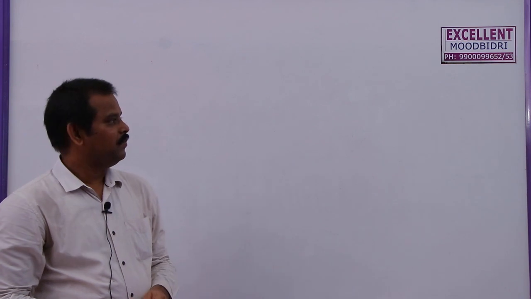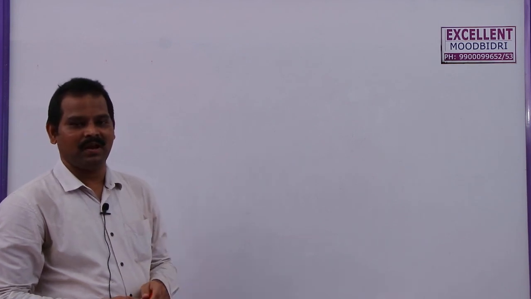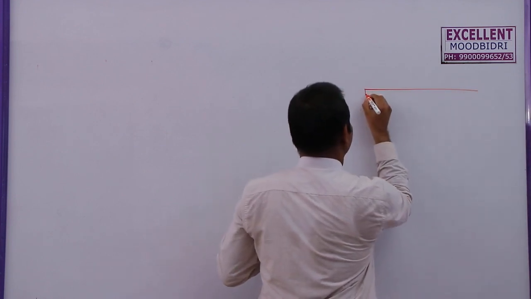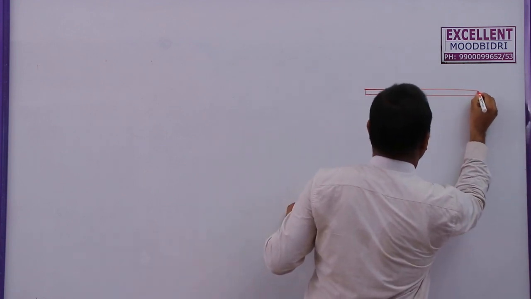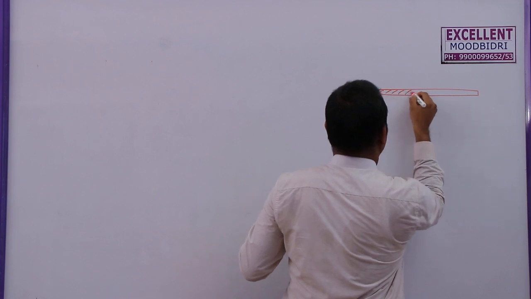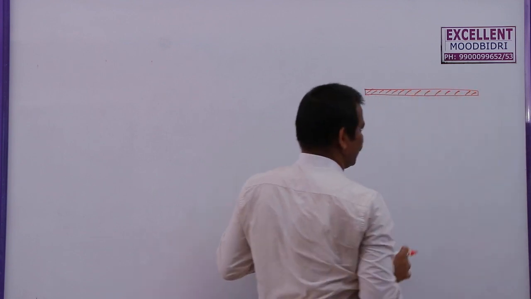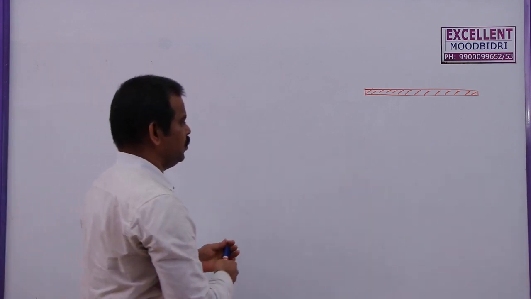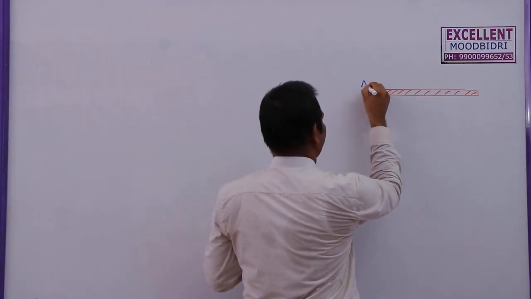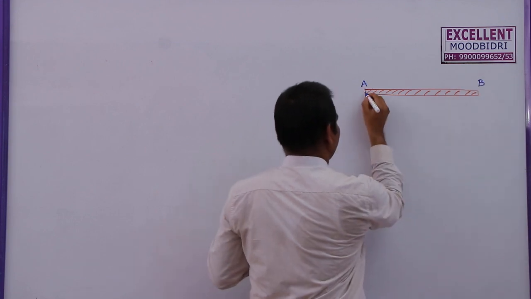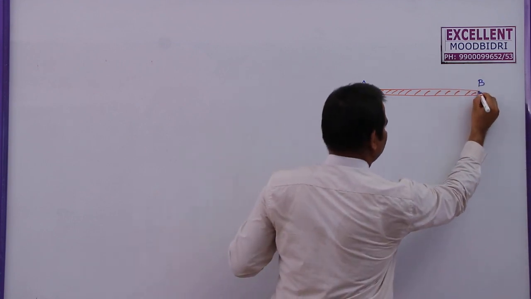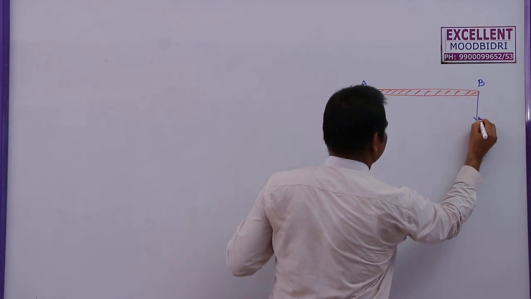Some bodies may not be in equilibrium, that is, in mechanical equilibrium. For example, if you consider a thin rod, meaning the mass is negligible. Let us say forces are acting on this body. So, this point is A, this point is B. A force is acting downwards, which is equal to F. Another force is acting downwards here.